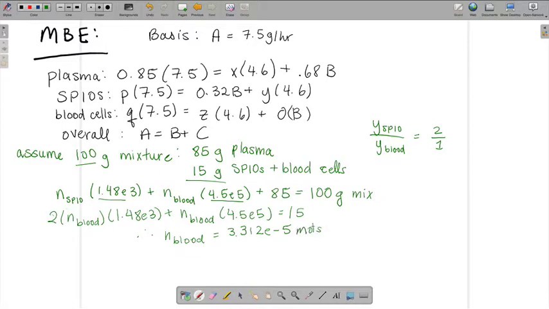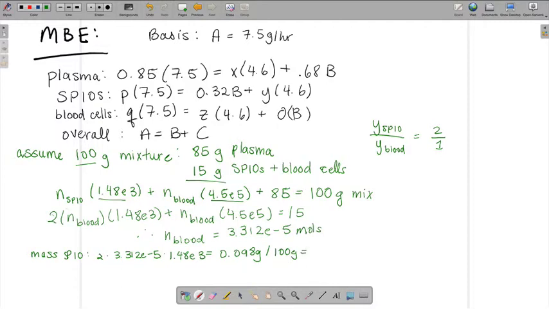Moles. Okay. Now, in order to get the mass of our SPIO from this, we can say that 2 times 3.312 e negative 5 times 1.48 e3 is equal to our mass, which is equal to 0.098 grams.